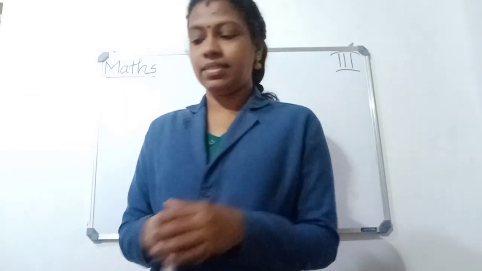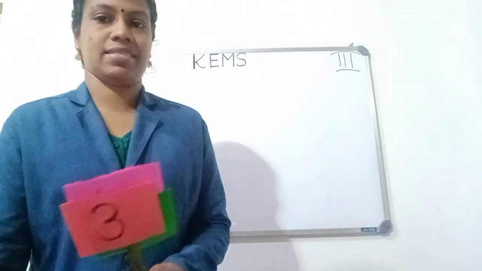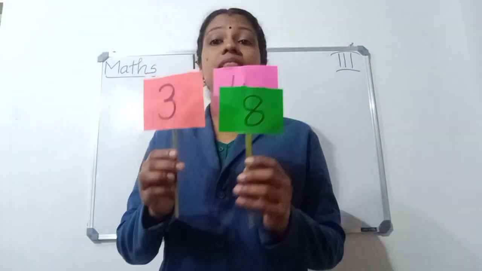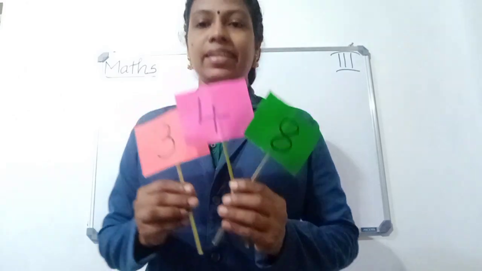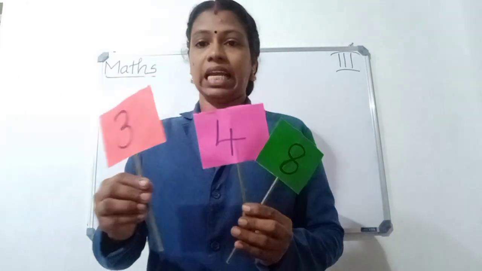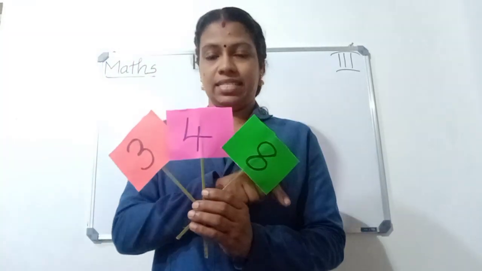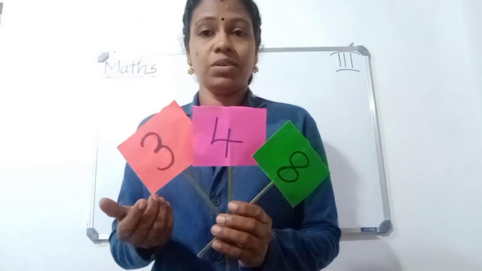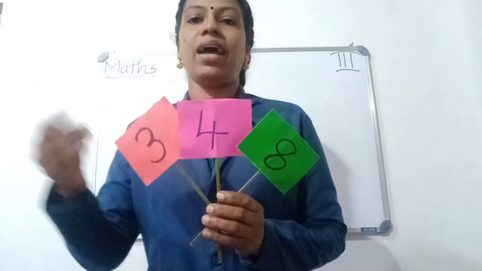Okay, listen. Here we have 3 digits: 3, 4 and 8. Using these 3 digits, we have to write a biggest number and a smallest number.